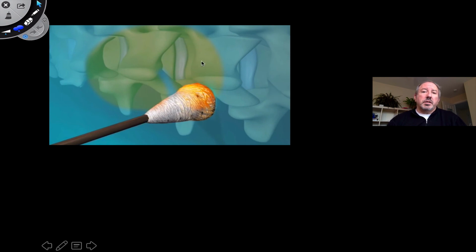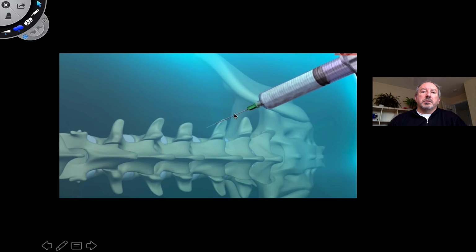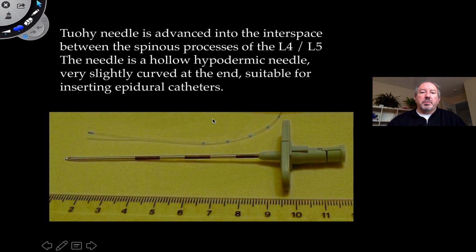And so usually the patient is either sitting on the bed or lying down, and the physician or nurse will apply a Betadine solution to sterilize the area in a field, and then a local painkiller is added to the area so that a larger needle, known as a Tuohy needle, is not felt, and so the area is numbed right in here.